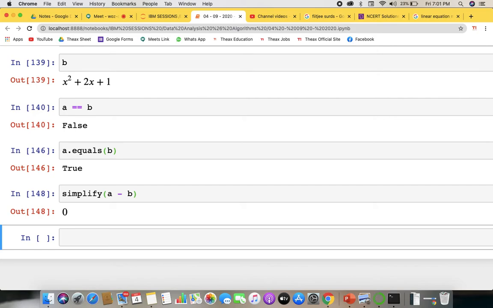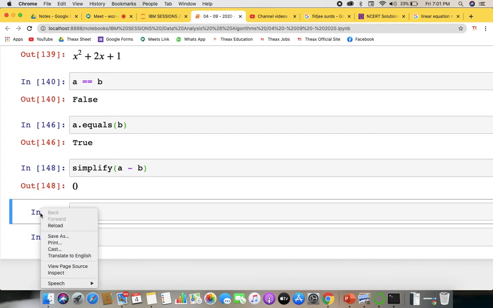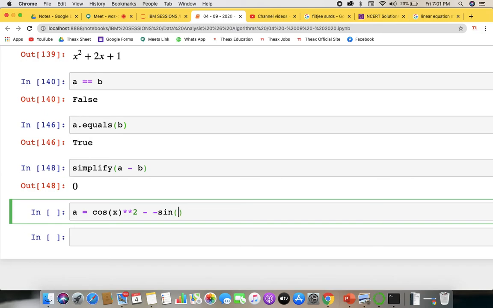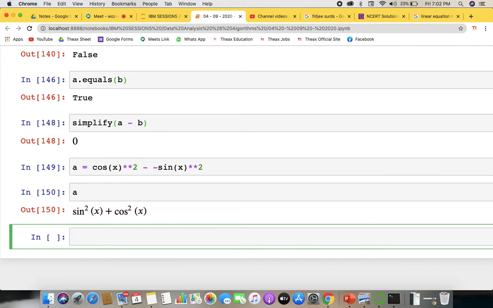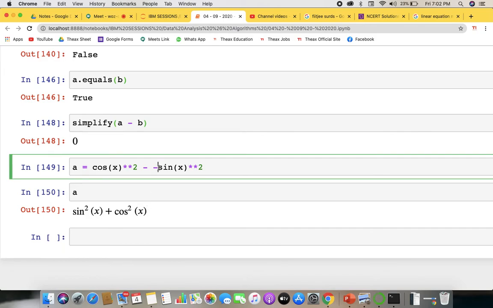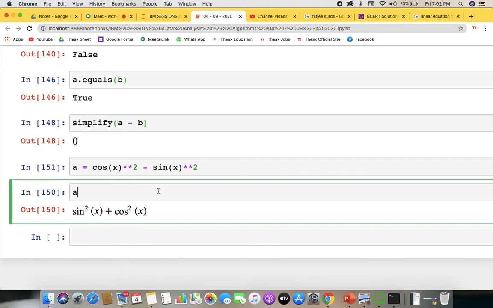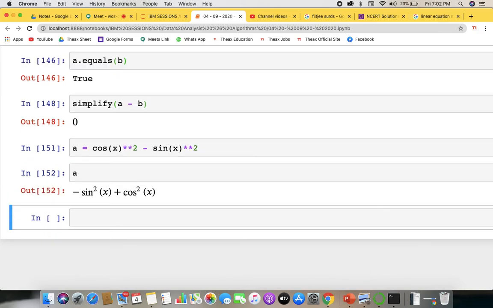Now jumping to class 10. Let's say a is equal to cos x squared minus sin x squared. Yes, Viraj, answer. Oh no, why is this plus? I'm writing minus, it is showing plus. It's a double minus. Sorry. Yes, what's the answer?